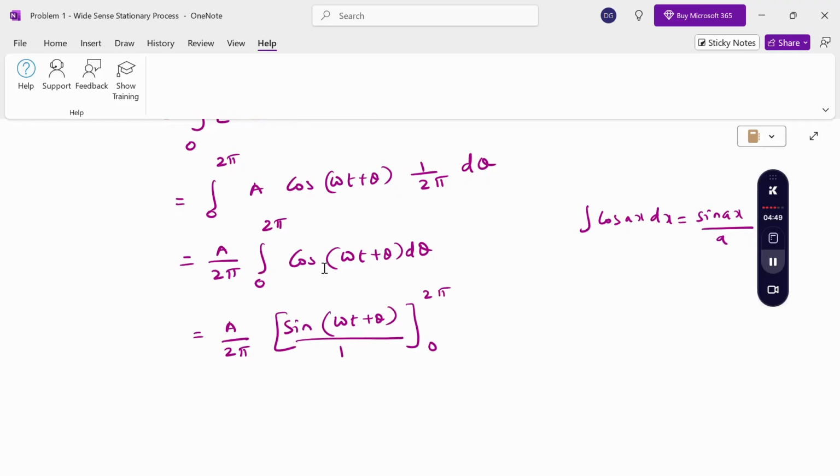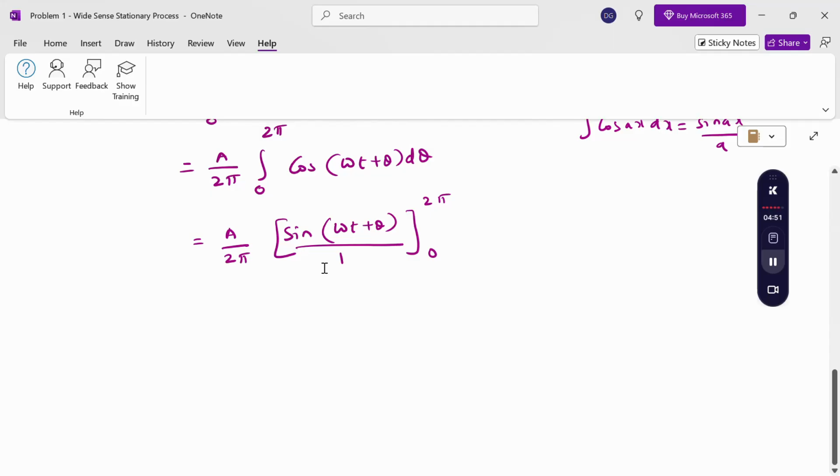Now substitute the upper limit minus the lower limit, only in terms of θ. So sin(ωt + 2π) for the upper limit minus sin(ωt + 0) for the lower limit.